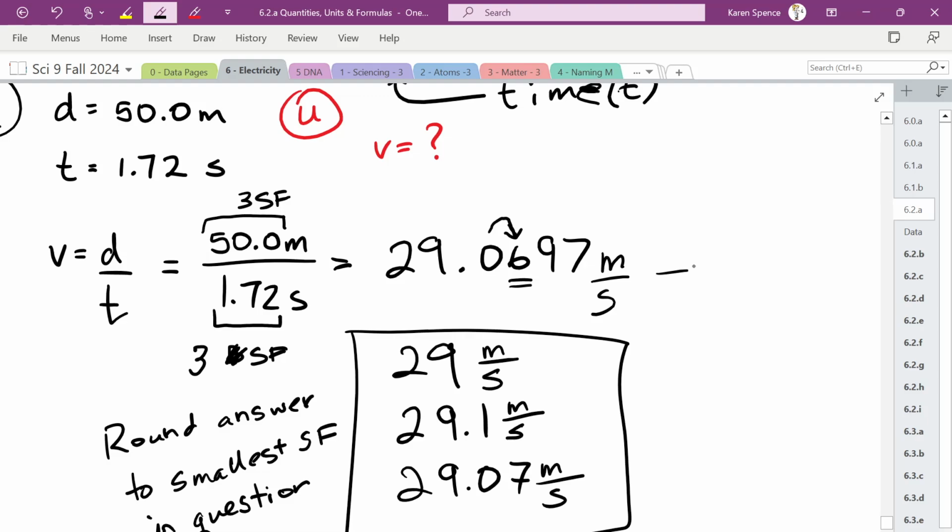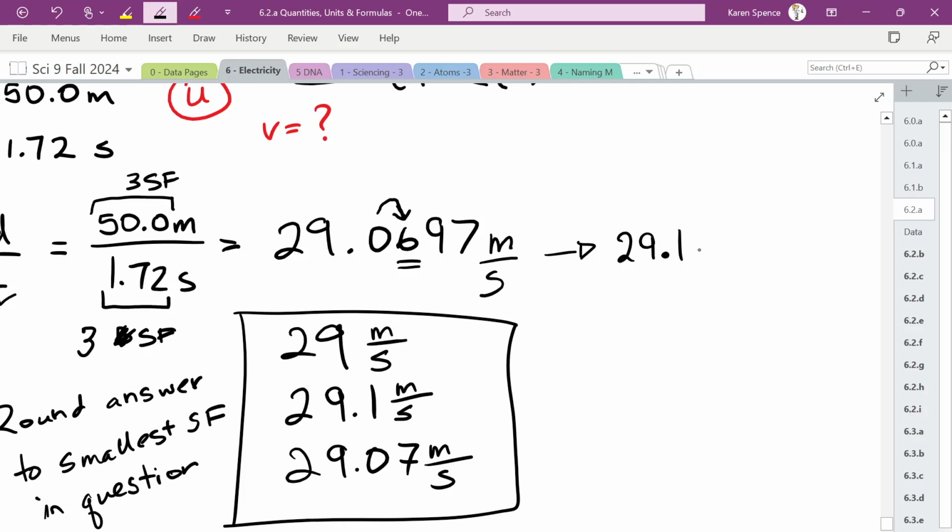So you would just round it to 29.1, 3 digits. Okay? Is that good? Okay.